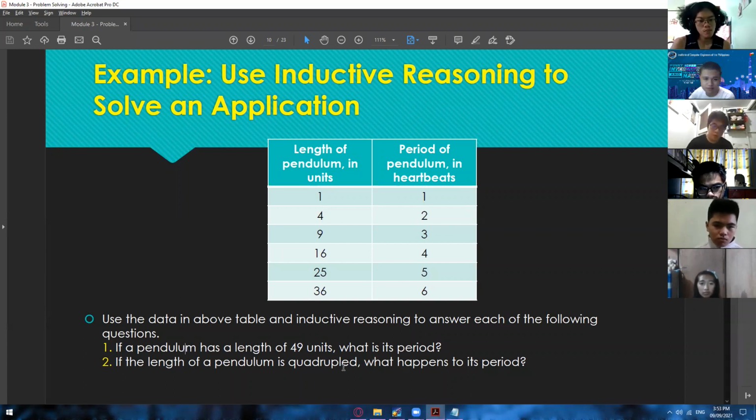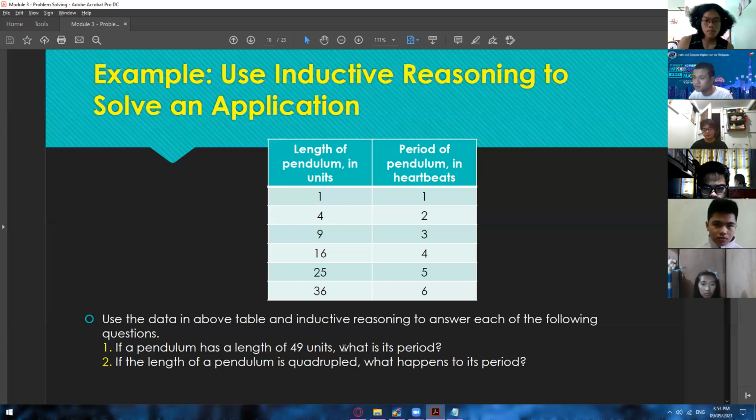Sir, it is doubled. Okay. What about the others? Do you guys have other answers? So according to Mr. Esguera, the heartbeats were doubled. I agree, it's doubled. Yeah, I agree also.